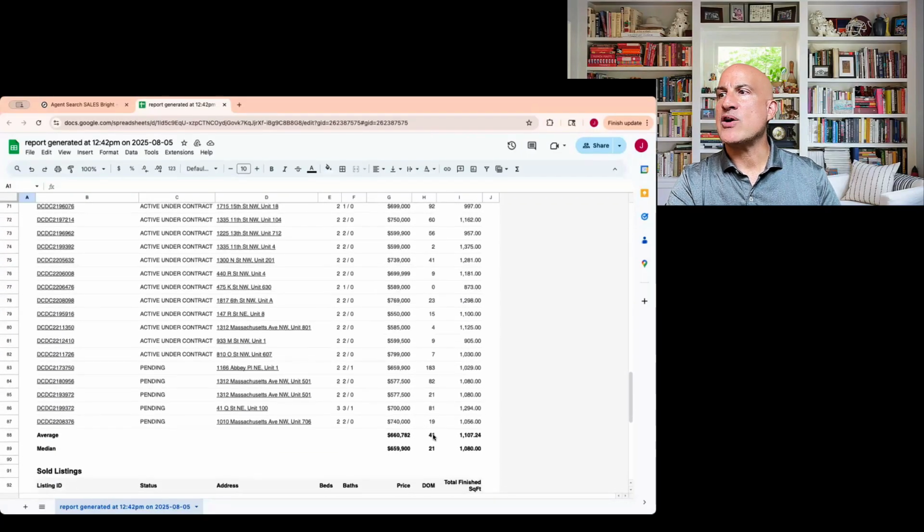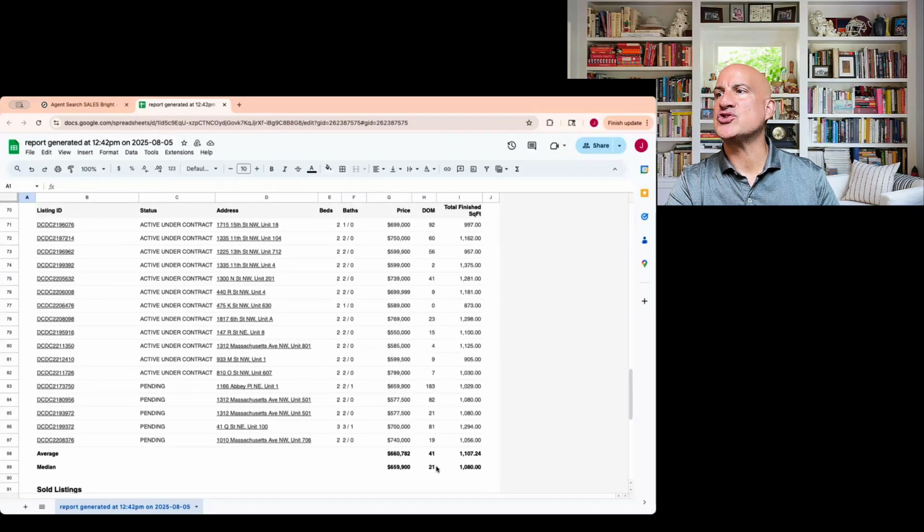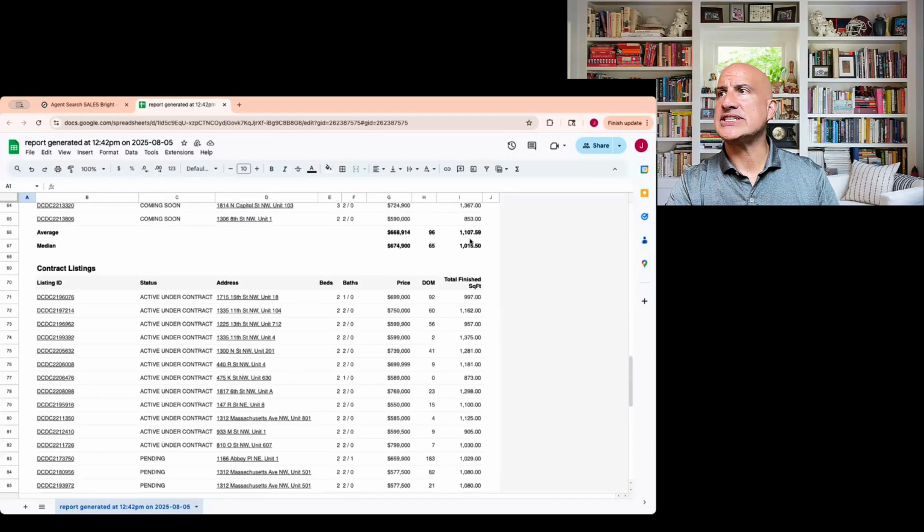Now let's compare that to the ones that are under contract and the ones that have sold. Look at the difference between the median time on market of the under contracts and the ones currently on the market: 21 days versus 65 days.